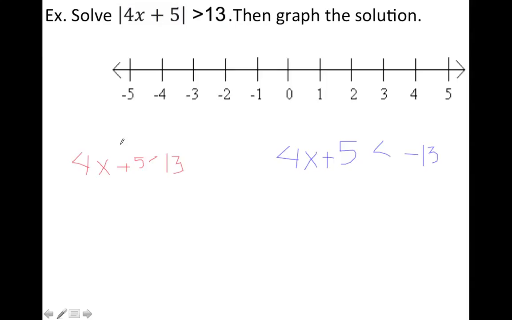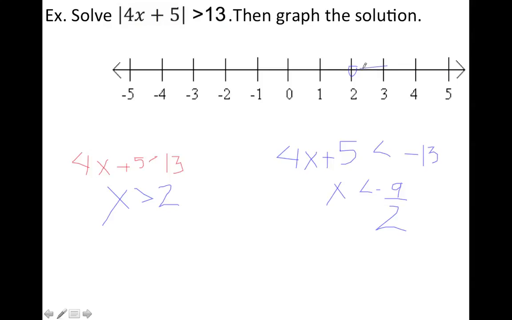For our first equation, you should get x greater than 2. And for the second one, we should get x less than negative 9/2. So again, we plot these on our graph. So we have 2.